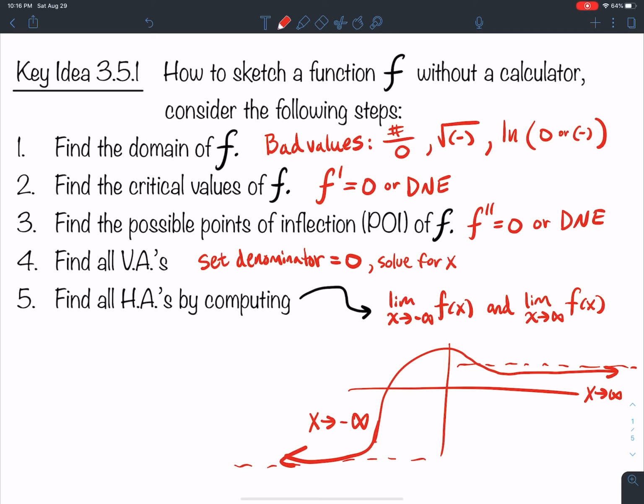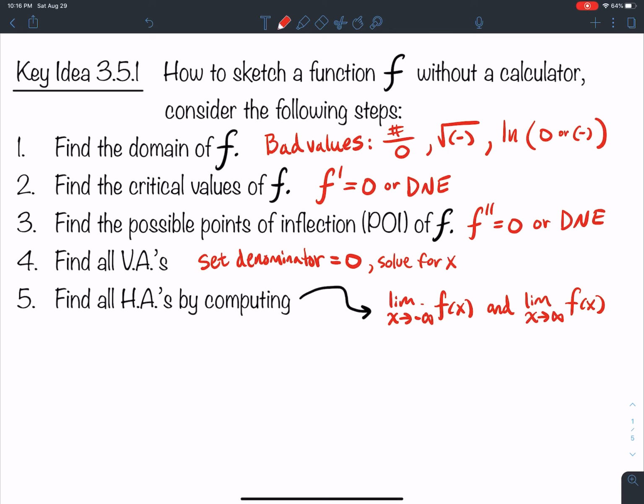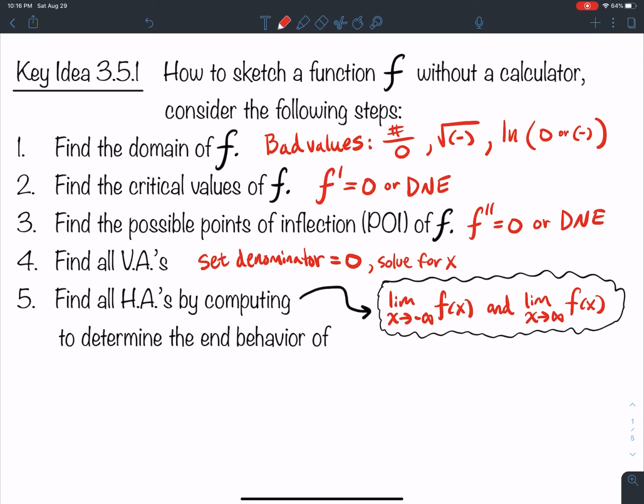You might have a different horizontal asymptote going that way, okay? Logistic curve is a very common example of that. So we take a left-handed infinity and a right-handed infinity there. Now to determine the end behavior of f, you literally take infinite limits here, okay?